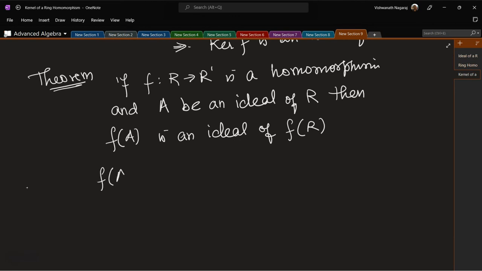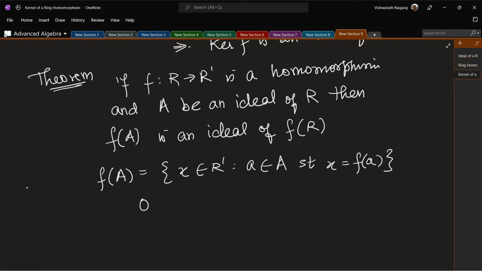So here f of A would be equal to x belongs to R prime, where a belongs to A, such that x is equal to f of a. Remember, x belongs to R prime, a belongs to the ideal of R, such that x is equal to f of a.